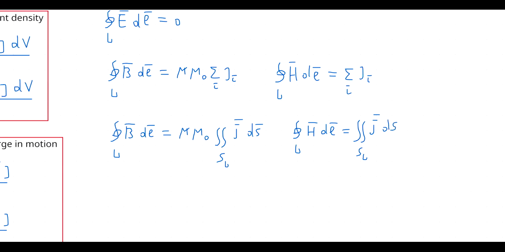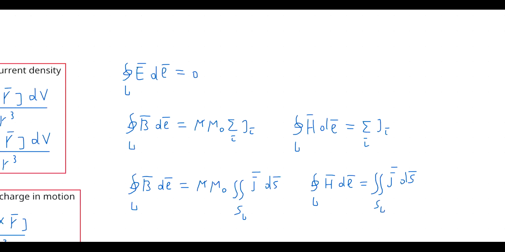So this is one of the main properties of the magnetic field, and these properties mean that the magnetic field is not potential. This is a difference between the magnetic field, for example, and the electrostatic field.